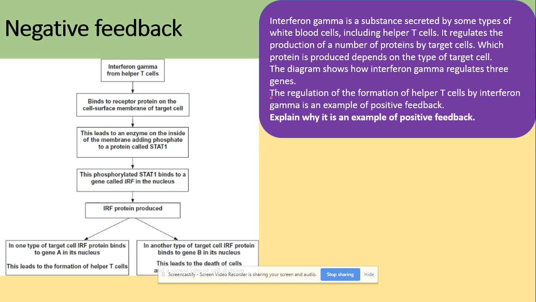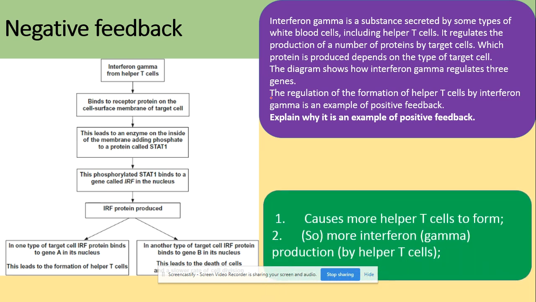Another example here, we've got the diagram, so you can pause the video now. Once you've read this information and seen the diagram properly, you need to explain why this is an example of positive feedback. We're looking at the helper T cell. What can we see?